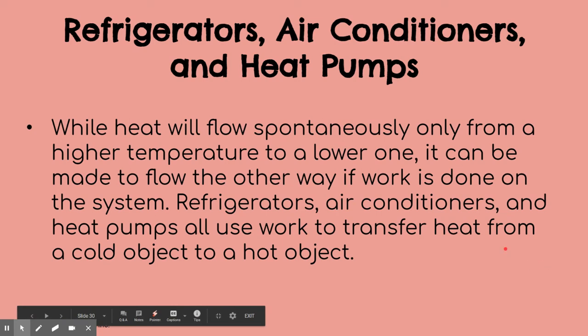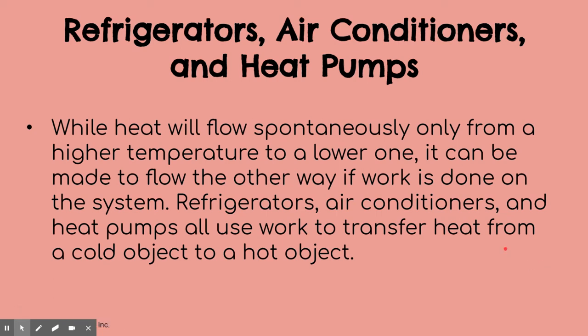Even though spontaneous heat flow is from hot to cold, we can create an engine which does the exact opposite. And in fact, this is exactly what air conditioners and refrigerators do. A heat pump transfers heat from a cold object to a hot object as well.